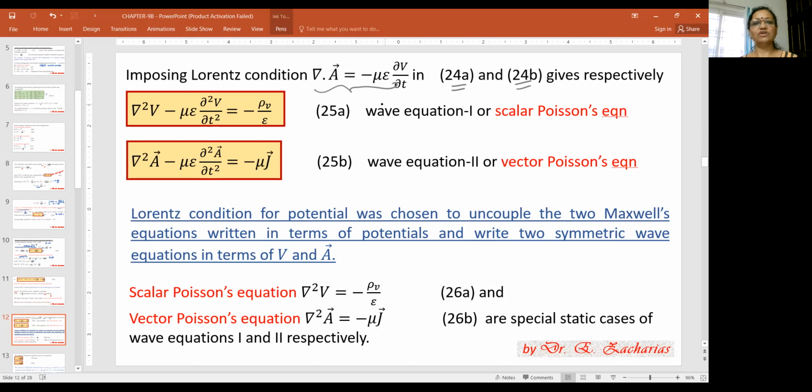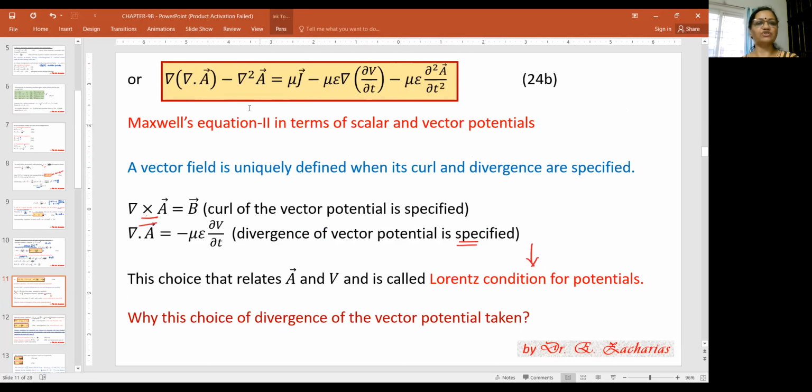So what is the Lorentz condition? Instead of del dot A, you have to write minus mu epsilon dou V by dou T. Maybe I'll just go back and show you. Instead of del dot A, you have to make that substitution, and then simplify the equation. Similarly, do the same for the Gauss law also.